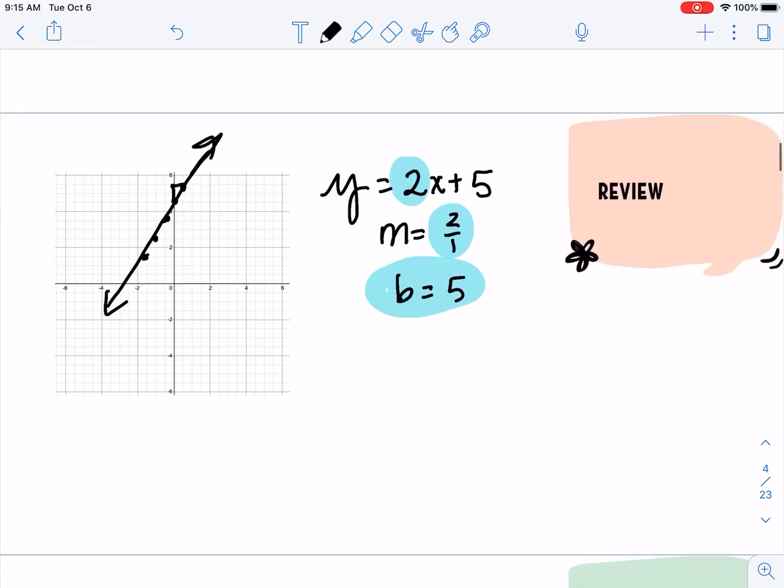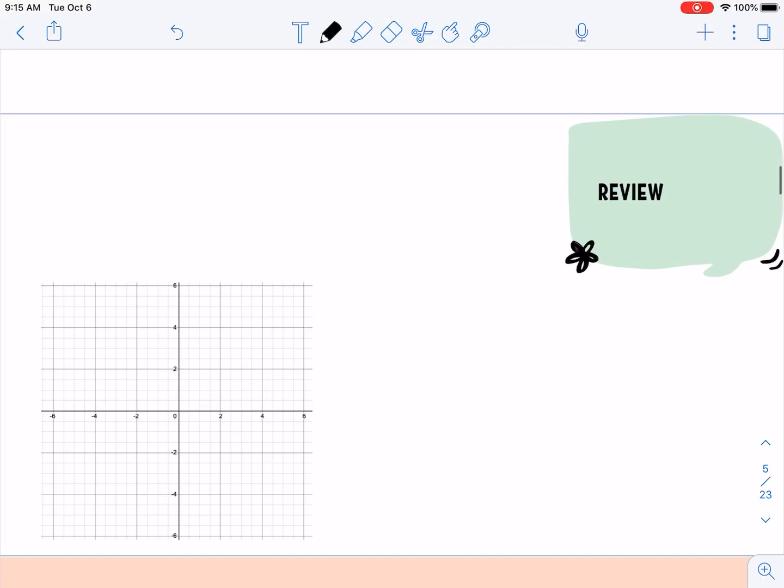Let's do another example problem. Let's say we have y equals 2/5 x, let's do minus, get an example with a negative, minus 4. Your first step is to write the slope and y-intercept.